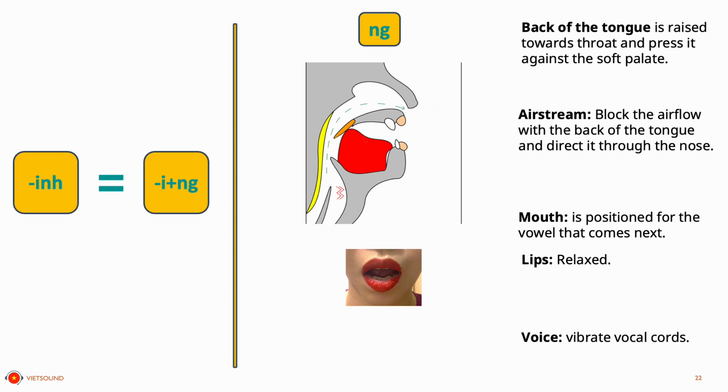I'm going to talk a little bit more about the ñ ending when it follows the e vowel. When the ñ sound follows the e vowel, it is pronounced like the ng.